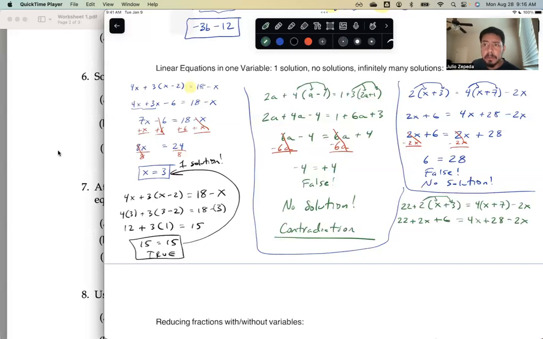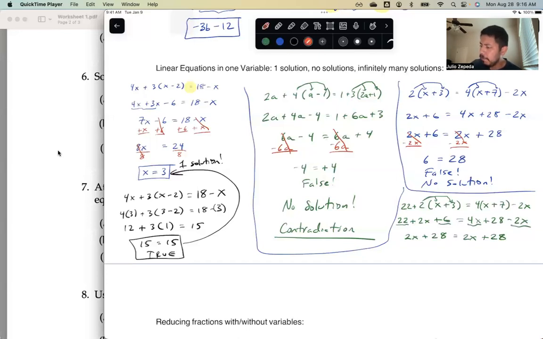And so when we simplify both sides, I can add the 22 and the 6, and so that gives me 2x plus 28. On the right-hand side, the 4x, if I take away 2x, that gives me 2x plus 28. And you can see that the left-hand side and the right-hand side are identical.